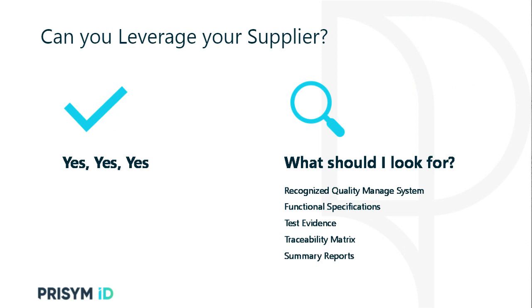So can you leverage your supplier? Well, yes, and yes, and yes, you should. So one of the key concepts of the GAMP5 guideline is leveraging your supplier. And this may take the form of delivery of products and services or maintenance and support of products and services. Your supplier is a recognised subject matter expert on the system and will hold the system documents and test evidence you may require during the course of a regulatory audit.